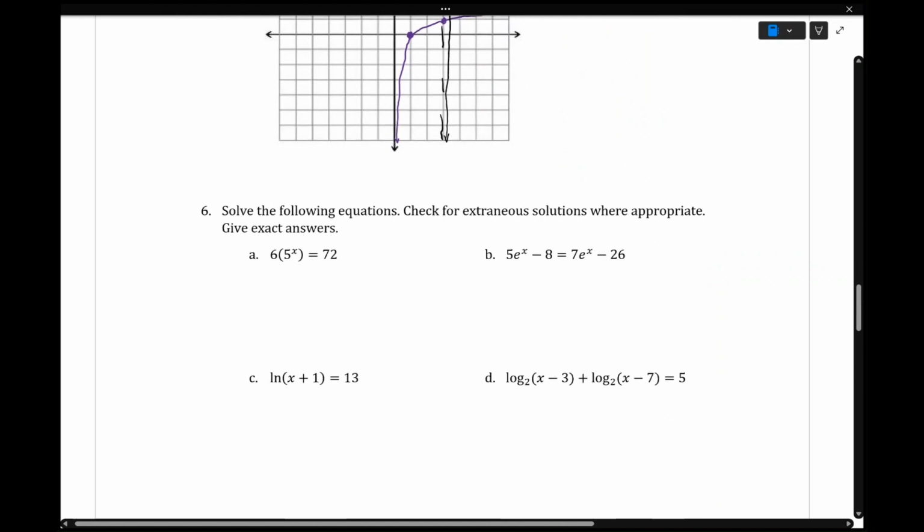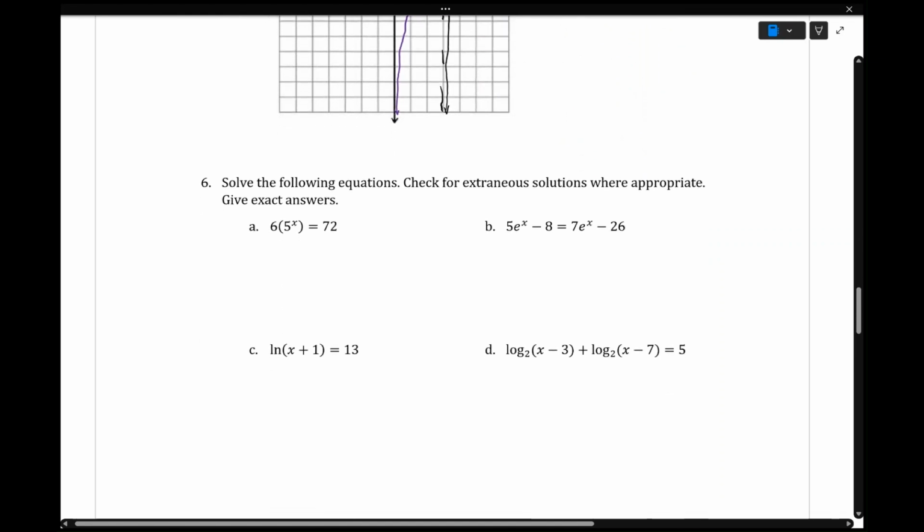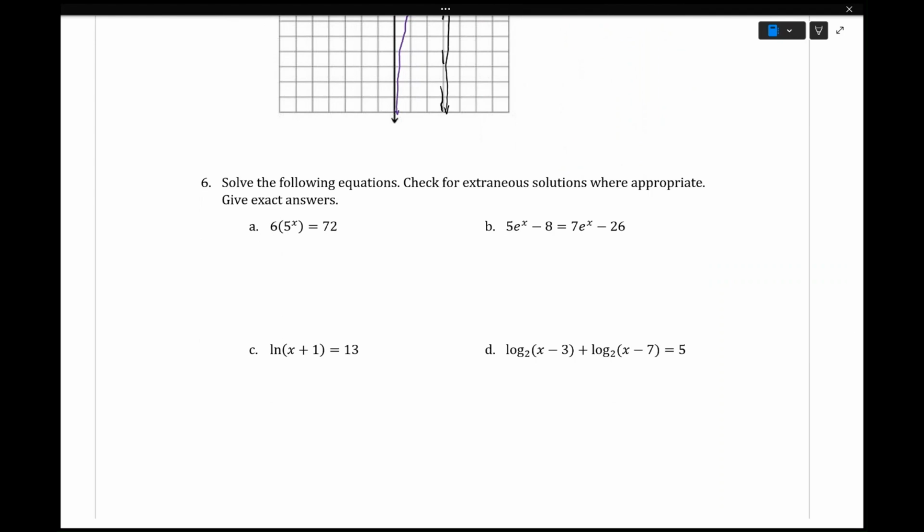All right, now let's solve equations. So when we solve exponential and logarithmic equations, our general strategy is isolate the weirdness. So that's our exponential and logarithm, and then get rid of it. So here, I'm going to make it so I just have the exponential on one side.